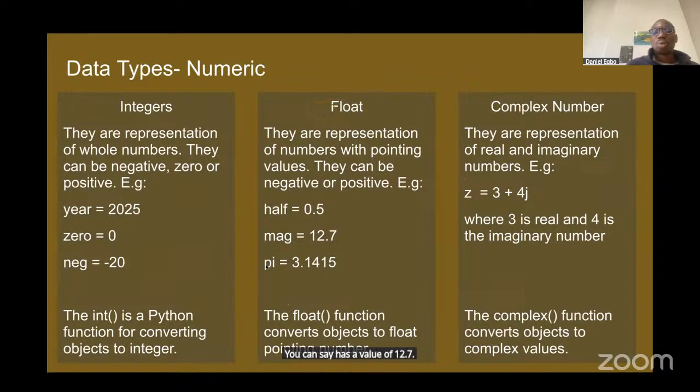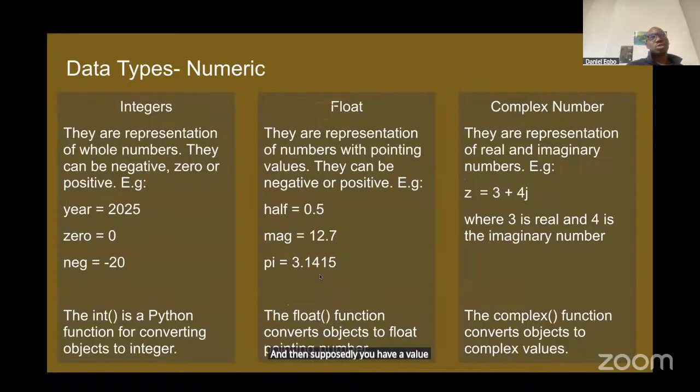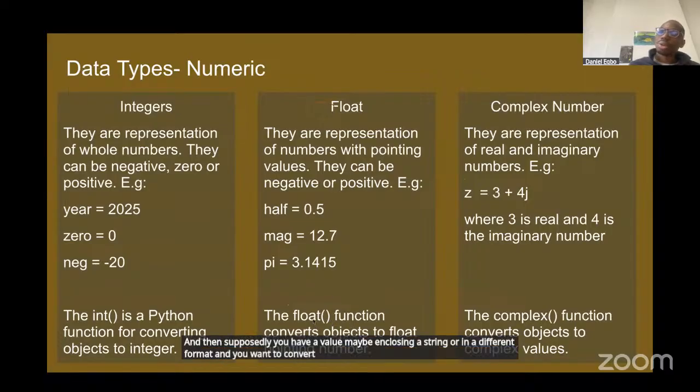Pi, the mathematical constant we're so conversant with, is 3.1415, and so on. We just shortened it here. So pi is a float. And supposedly you have a value enclosed in a string or in a different format, and you want to convert it to float. You use the built-in function float to convert it to a floating point number.